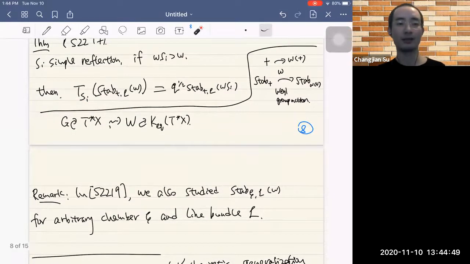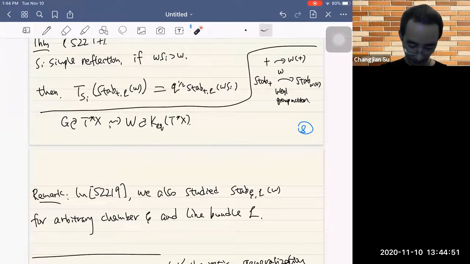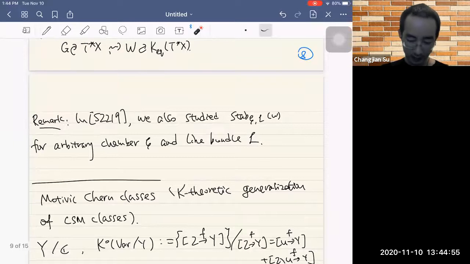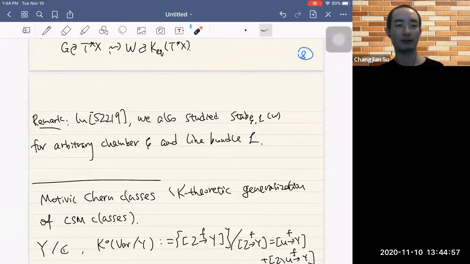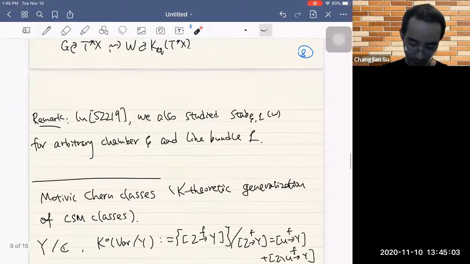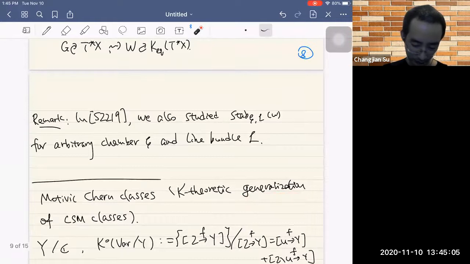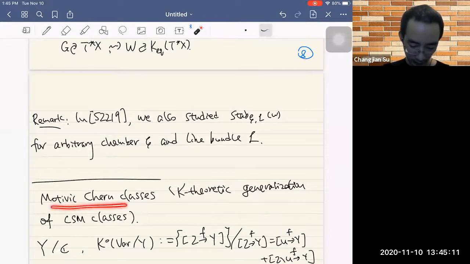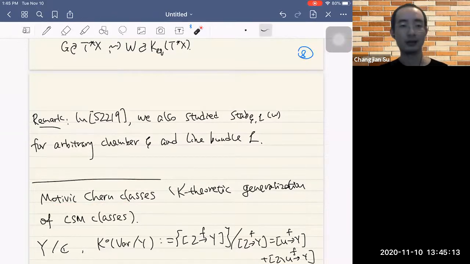Similarly, we can see this Hecke algebra action on the zero section level. We are going to introduce a generalization of the Chern-Schwartz-MacPherson classes, called the K-theoretical generalization, and this is called the motivic Chern classes. Again, this will be a natural transformation between two functors.